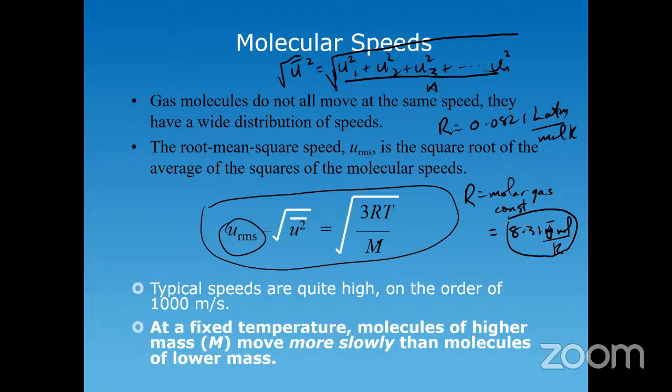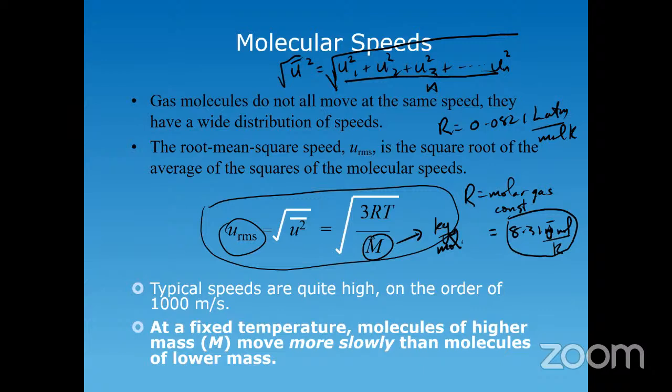Another important aspect is the molar mass must be expressed in kilograms per mole. Typically, the molar mass that you'll be using previously would be expressed in grams per mole. But in this particular case, the units of molar mass must be expressed in kilograms per mole. So be careful when you're using this equation.